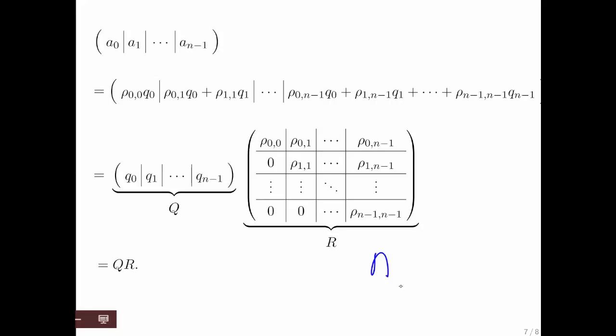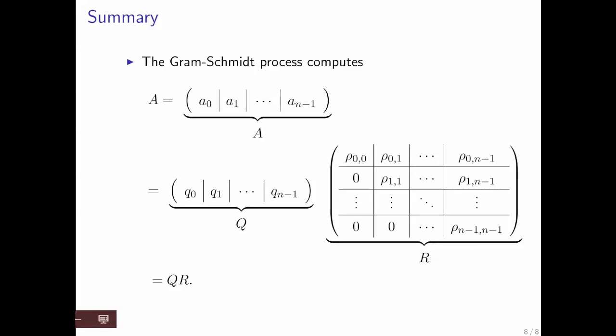So now matrix A can be written as a matrix Q times R, and that will always work as long as the columns of A are linearly independent. What we conclude is that the Gram-Schmidt process computes this QR factorization.